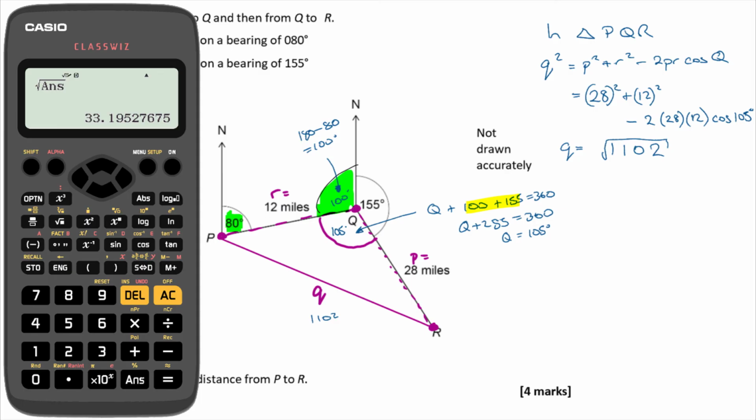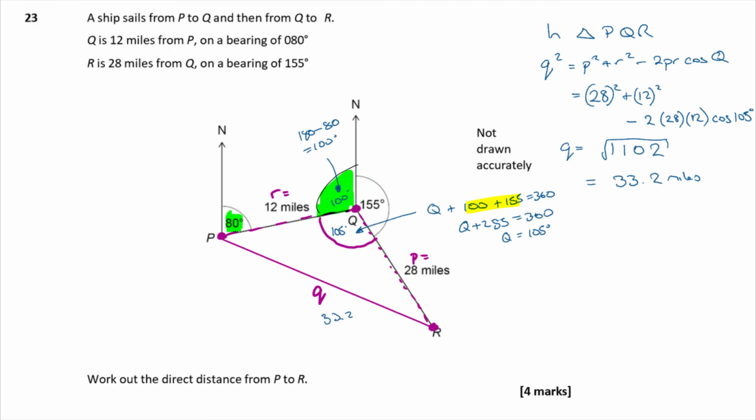So root answer, that comes out to be 33.2. 33.2. I suppose that's in miles, isn't it? Now that does look a little bit better in my diagram. So if I imagine 33.2 miles here, that looks about right in that triangle, doesn't it? It's the longest side of that triangle, so it's a little bit more than 28. Yeah, 33.2 looks good. So I'm pretty sure that is the right answer.